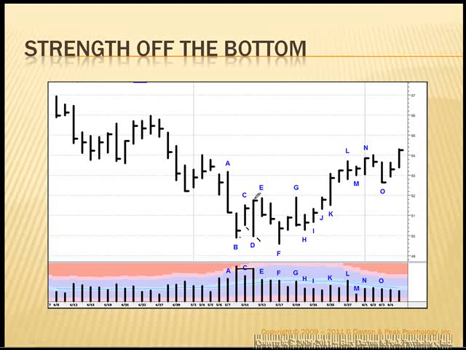Now, think about this. What happened on this bar? We don't use the open because it doesn't really add much information.